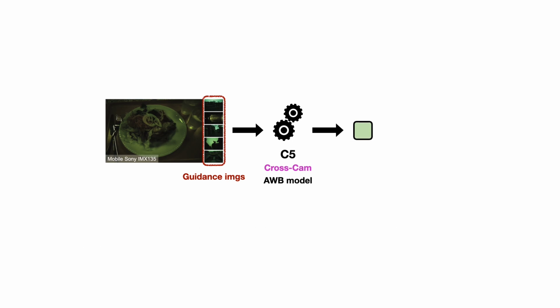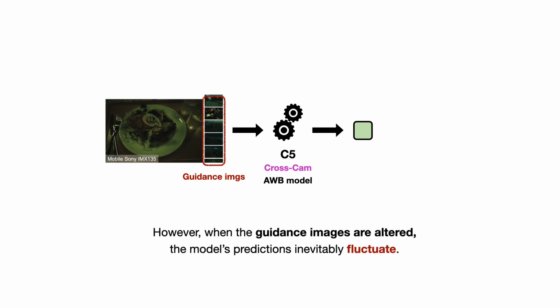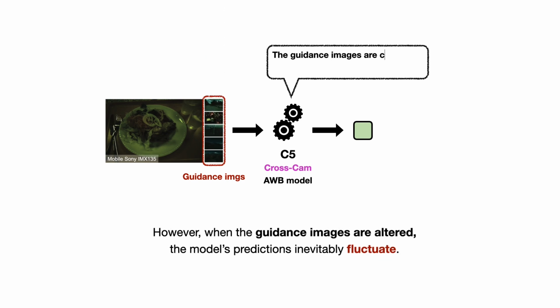However, this reliance on extra guidance images comes with instability. When the guidance images change, the model's predictions inevitably fluctuate, leading to inconsistent results.